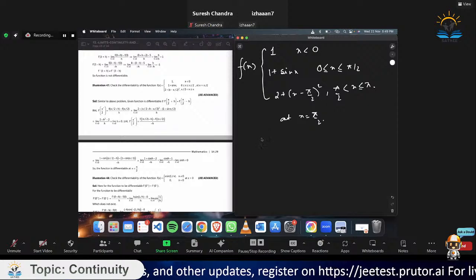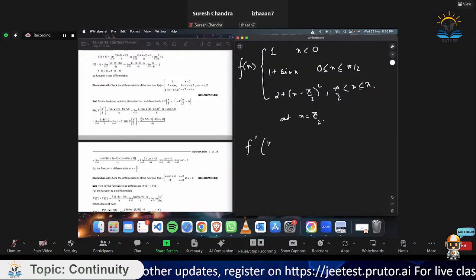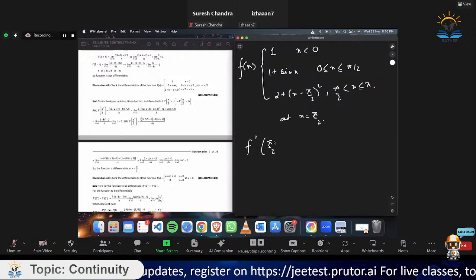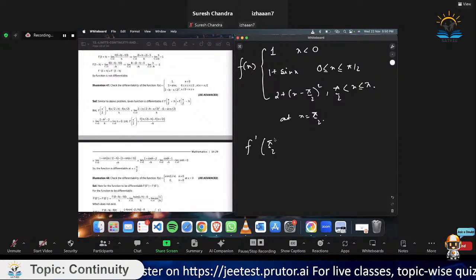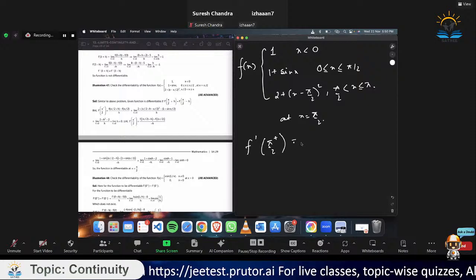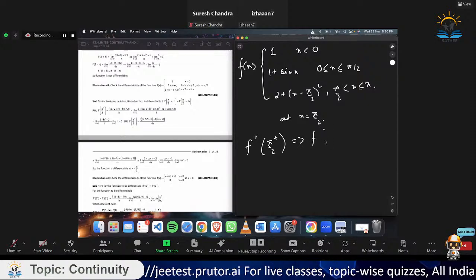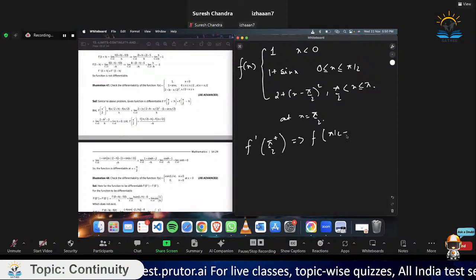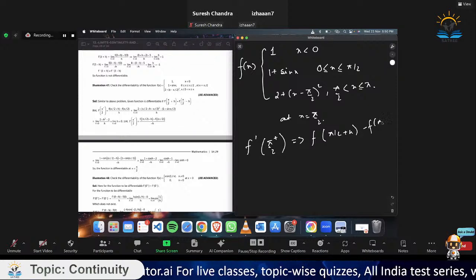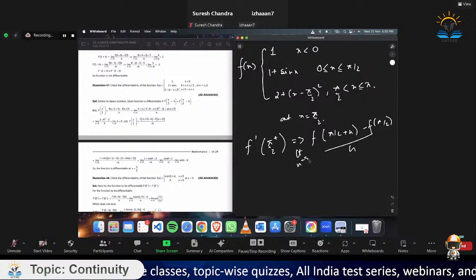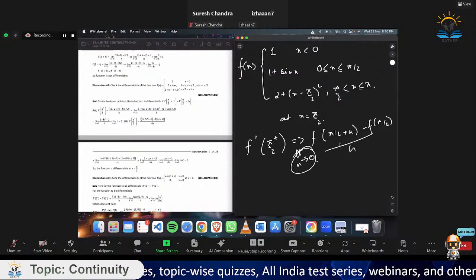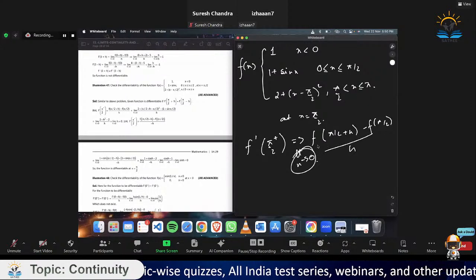So simple. We'll just find the derivative at pi by 2 minus and pi by 2 plus, and then we'll be done. So for pi by 2 plus, it will be limit h tends to 0 of (f(pi by 2 plus h) minus f(pi by 2)) whole divided by h. Very important. Now just put in these values.